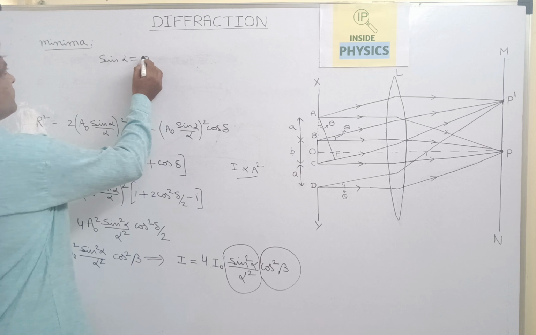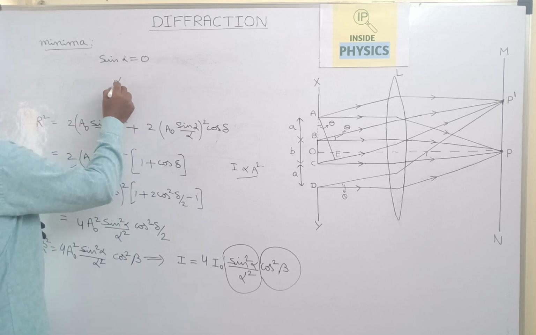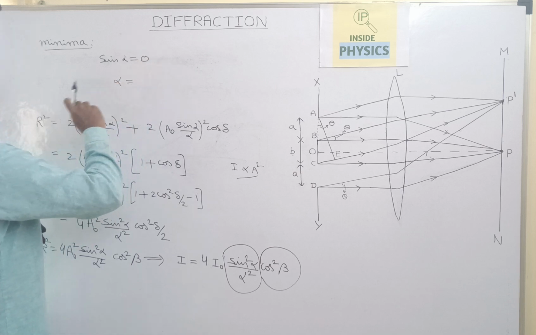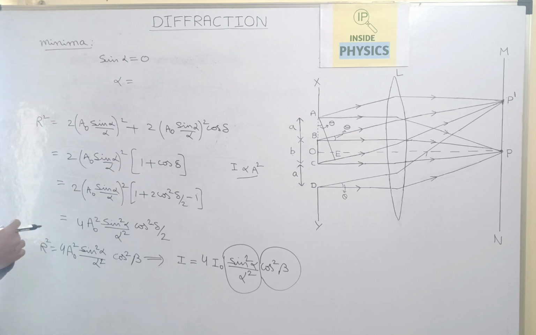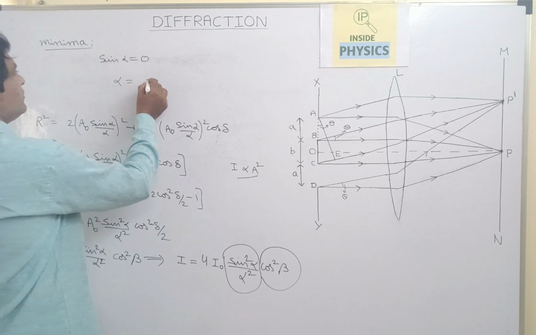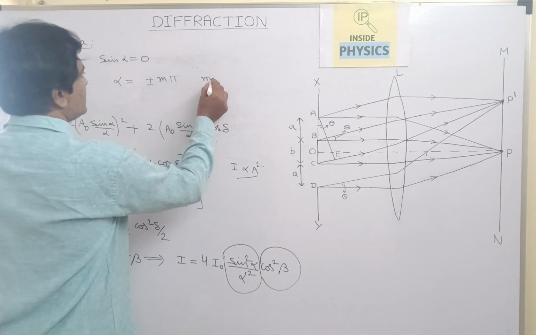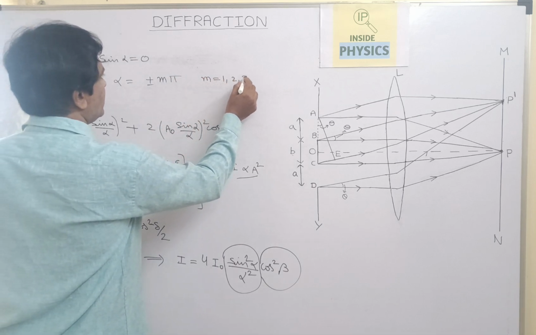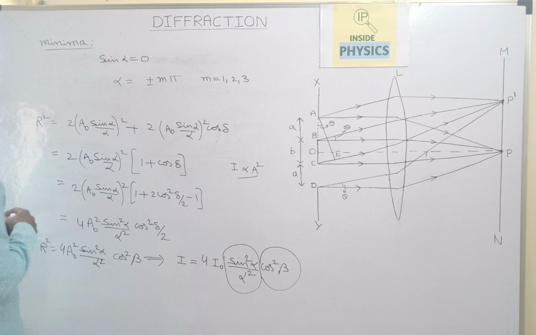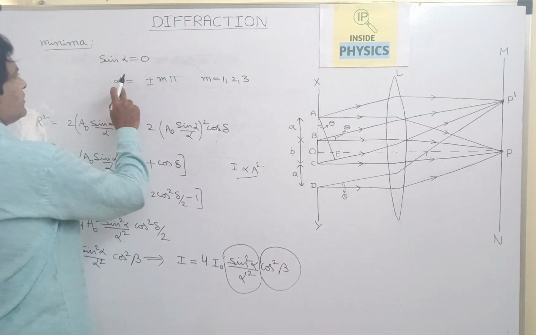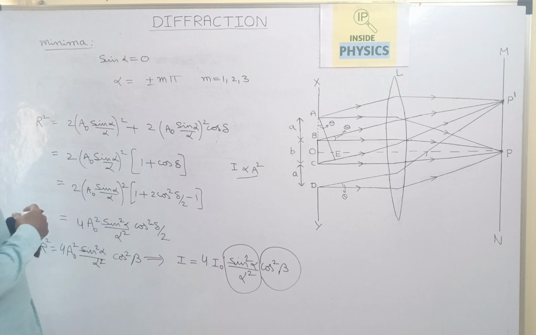So what values can we give to alpha? For sine alpha to be 0, we can give plus or minus m pi, where m is equal to 1, 2, 3 and so on. With these values of alpha, sine alpha will become 0. In this sense the condition for minima is arrived.